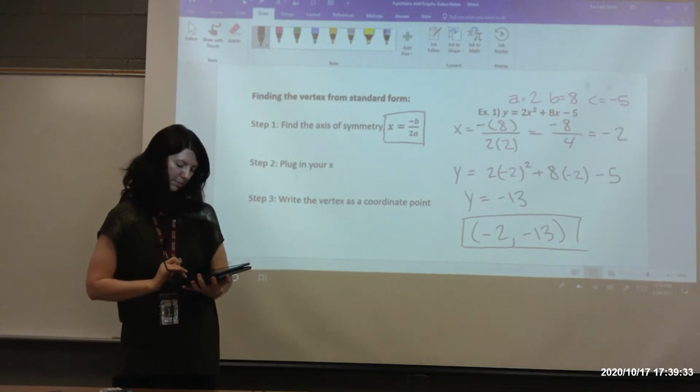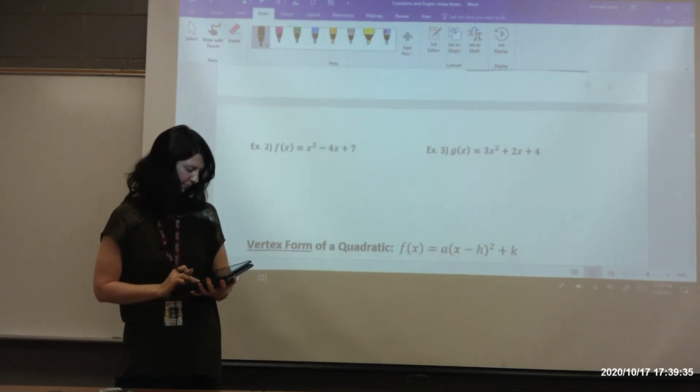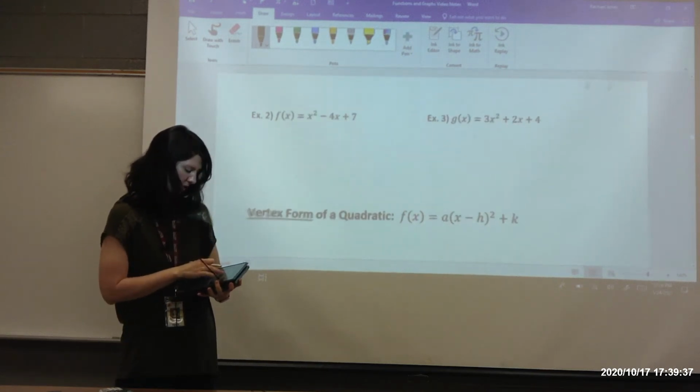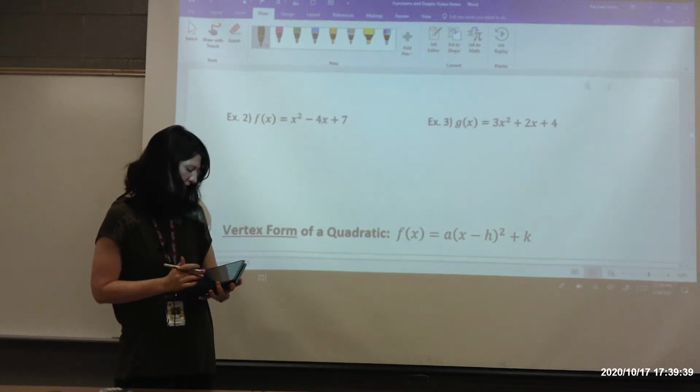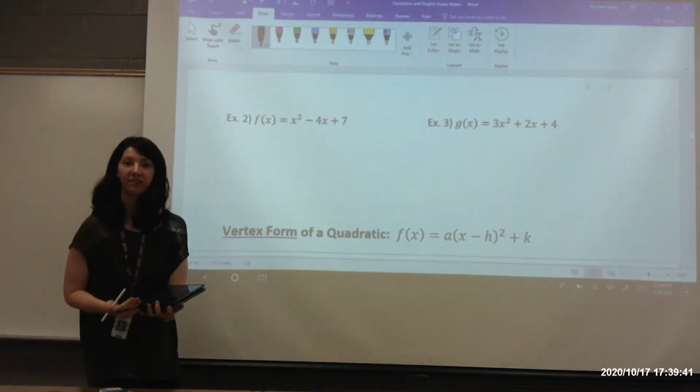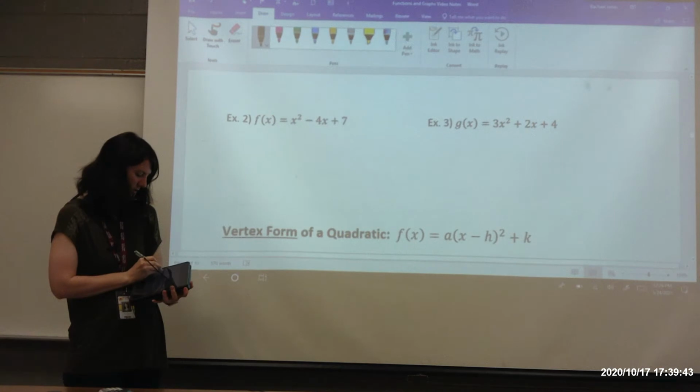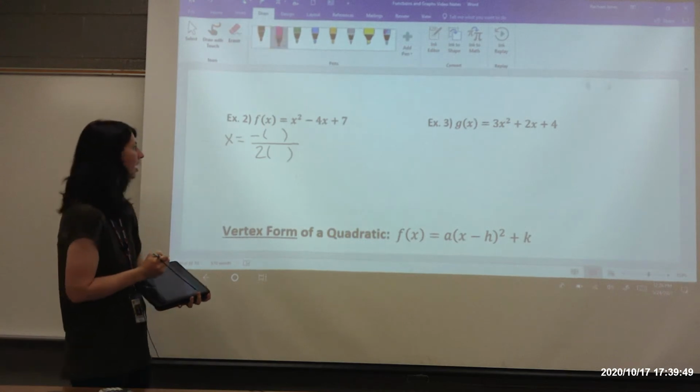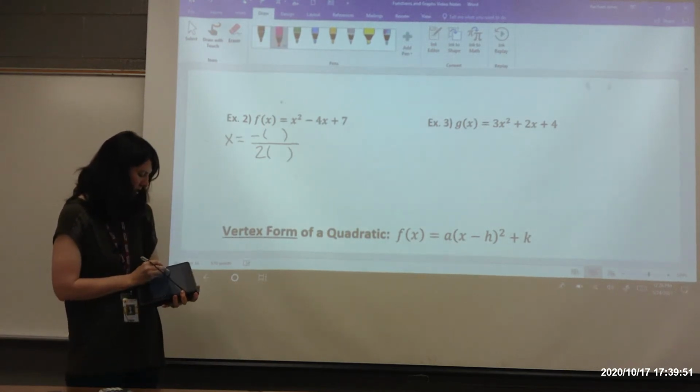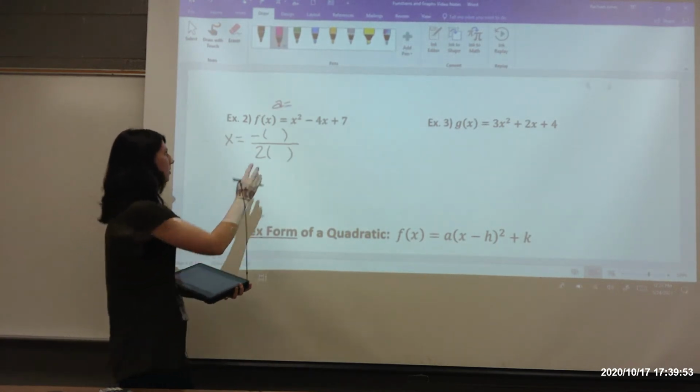So let's practice a couple times. The first step here is to find your axis of symmetry. x equals negative b over 2 times a, but let's plug in our a and b. Our a here is the number with x squared, right?